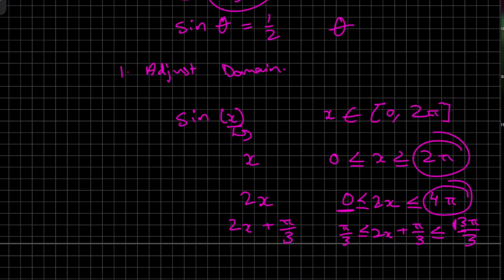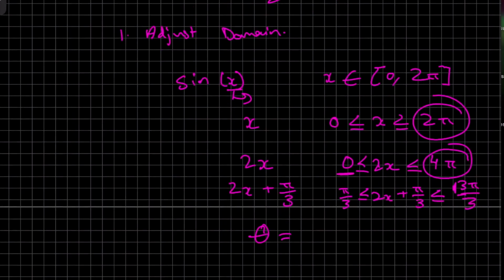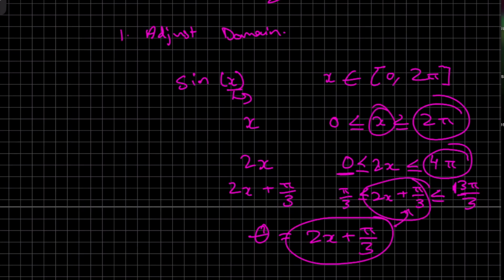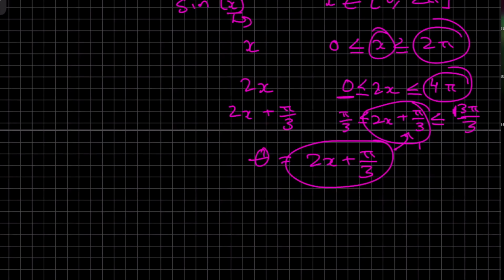Now remember at the start, we defined theta as being equal to 2x plus pi on 3. And this is exactly what we've done here. So we've turned this x at the beginning to theta by making the transformation adjustments. So we can rewrite this domain in terms of theta and write it as pi on 3 to 13 pi on 3.